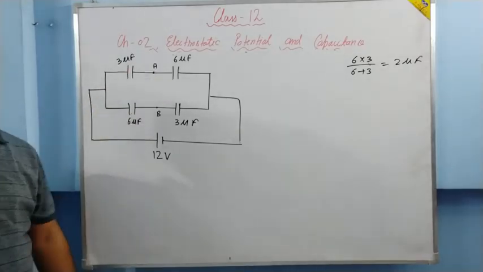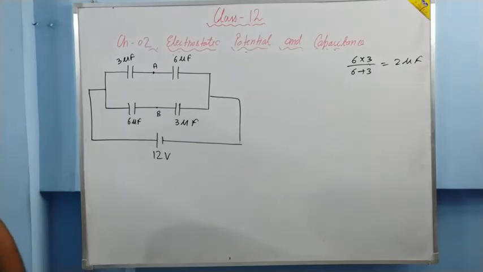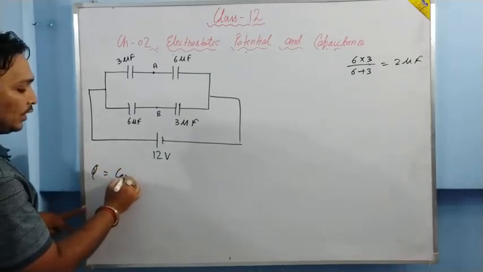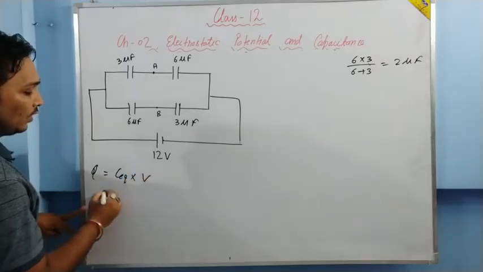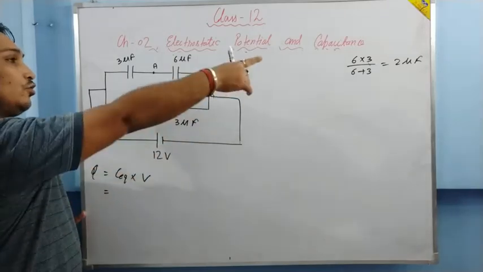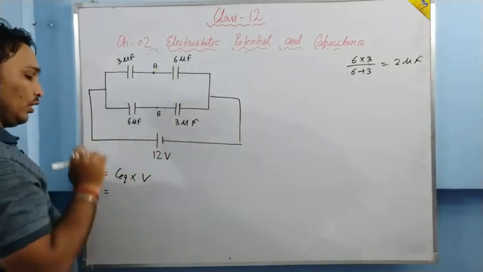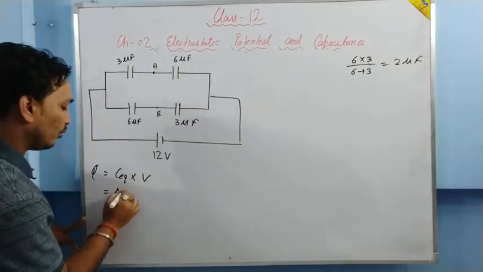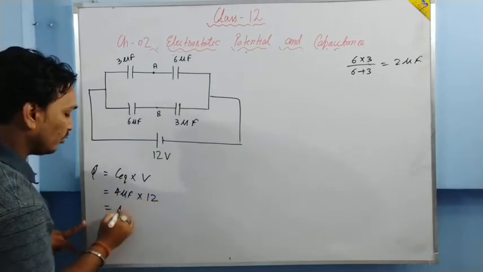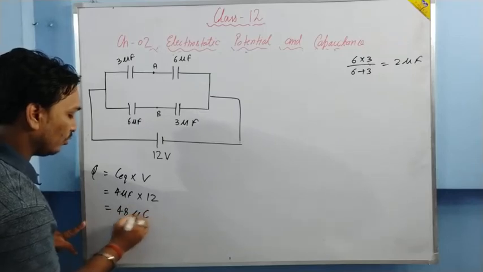What is the voltage? 12 voltage. What is the charge? Q will be C equivalent multiplied by V. What is C equivalent? 3 and 6, 2; 6 and 3, 2; 2 plus 2, 4. C equivalent is 4 microfarad multiplied by voltage 12, which is 48 microcoulomb.